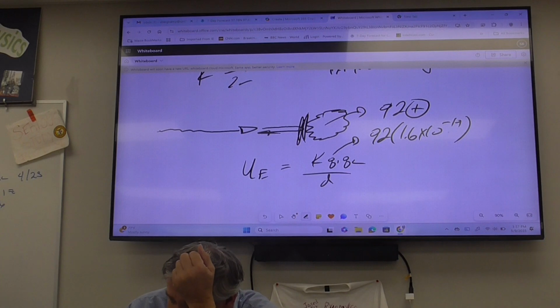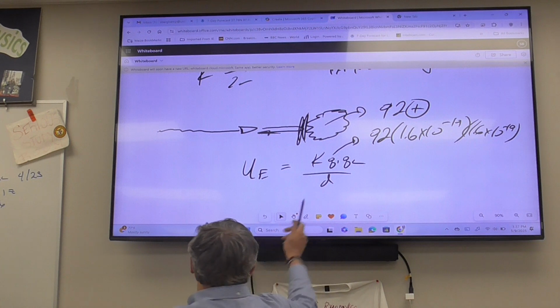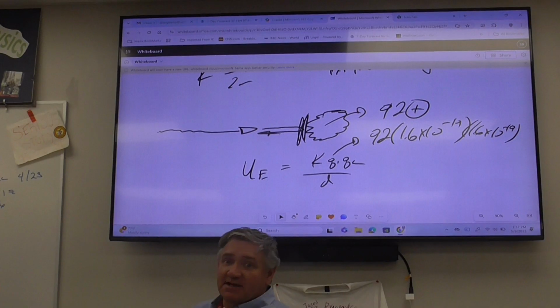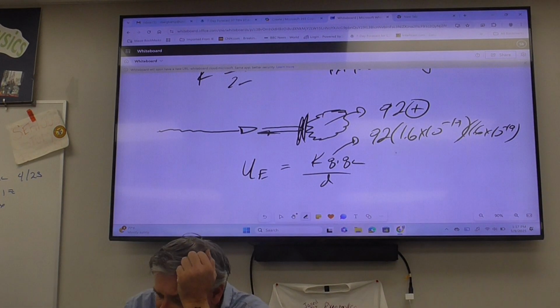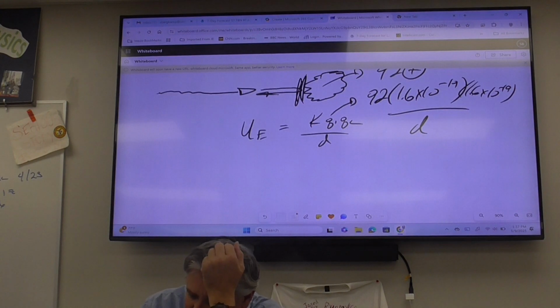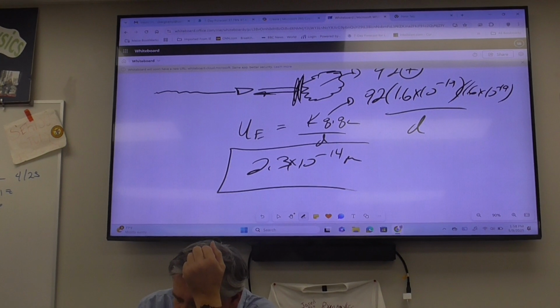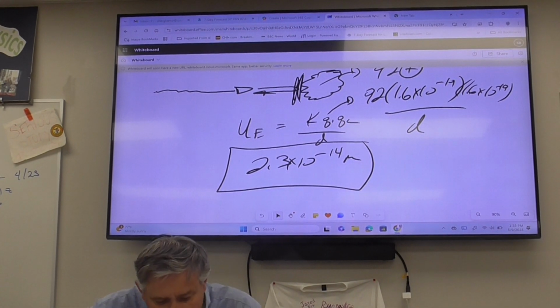And then you are going to have another 1.6 times 10 to the negative 19th, which is the charge on the proton. So if you wanted to get fancy, you could take 1.6 times 10 to the negative 19th squared times 92, and that would get you the total amount of charge. And then you divide by that distance, and you do all that, and you get 2.3 times 10 to the negative 14th meters. Okay, so that should be that answer on C.